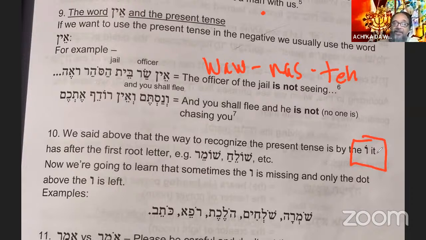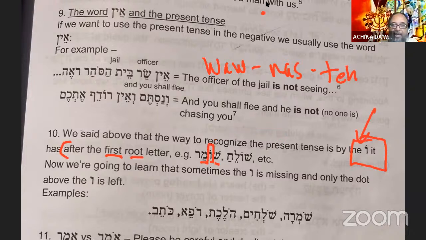So it says the present tense is recognized by this particular letter, this vav, after the first root letter. So generally what it's saying is you can have a root letter like shamar, shin, mem, and resh. The moment that they put this dot, this vav right here in the middle or after the first letter, it tells you that it's present tense.